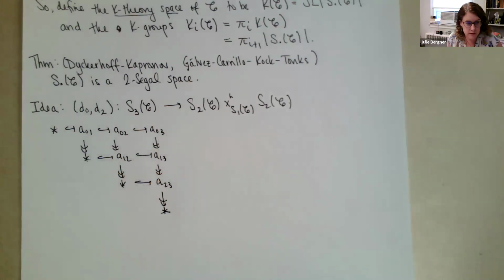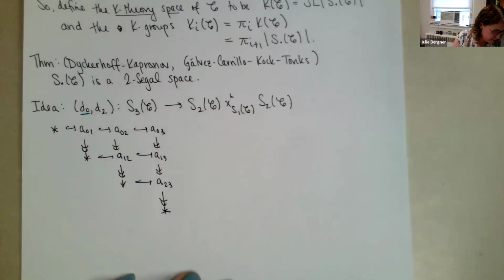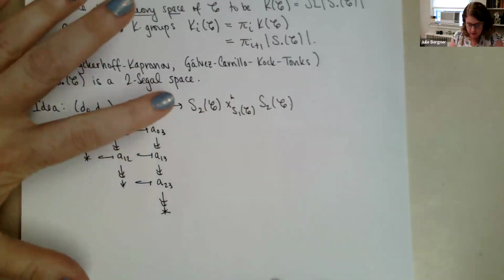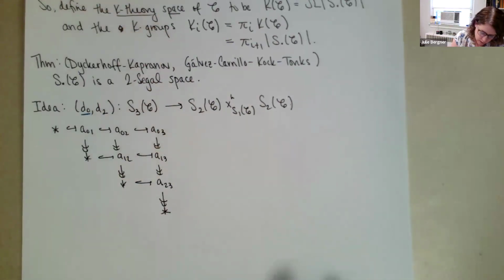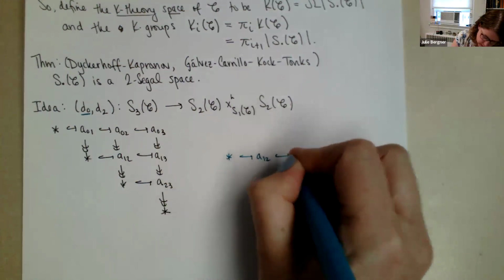Okay, now following our definition of face maps, so D0, I'm going to write this in green. Again, that's just going to chop off this top row here. So I'm going to be left with this green diagram here.